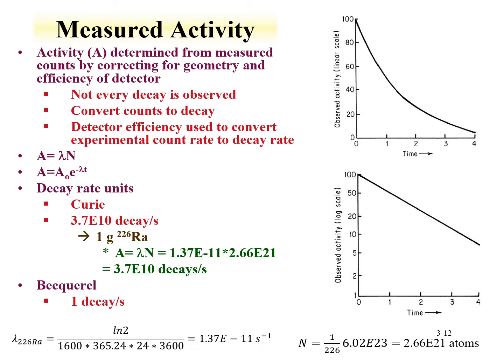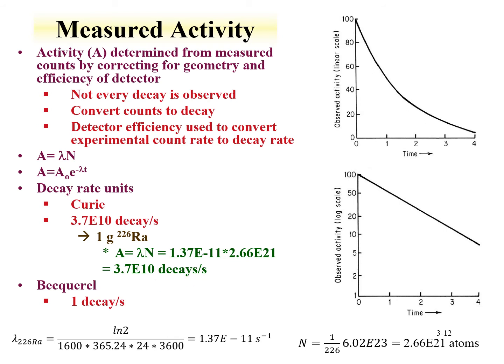The number of atoms of radium-226 in a gram is shown here, where the atomic mass of radium-226 is used, 1 divided by 226 times Avogadro's number, 6.02 times 10 to the 23rd, gives 2.66 times 10 to the 21st atoms of radium-226 in a gram. These terms are then used to determine the activity by multiplying the decay constant times the number of atoms.